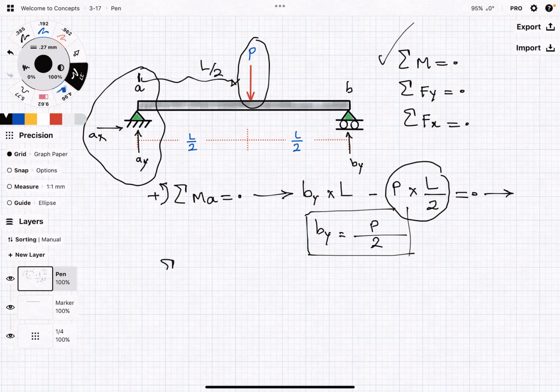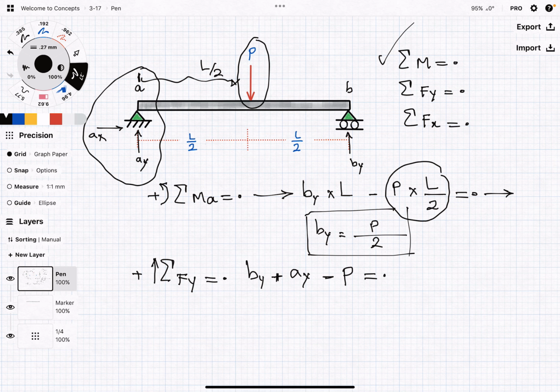We can say that sigma F in y direction should be 0, and also this is the positive direction for Fy. So we can say that B sub y plus A sub y minus P should be 0.